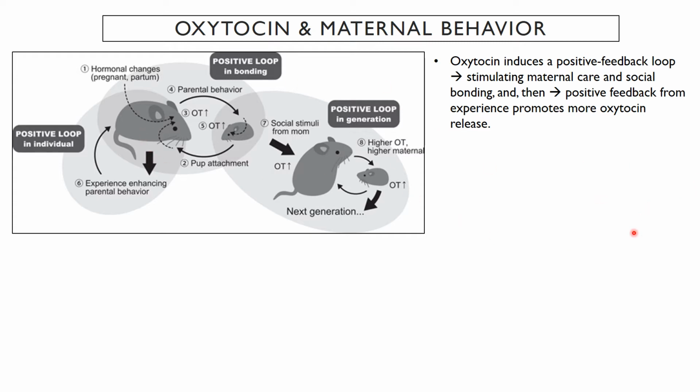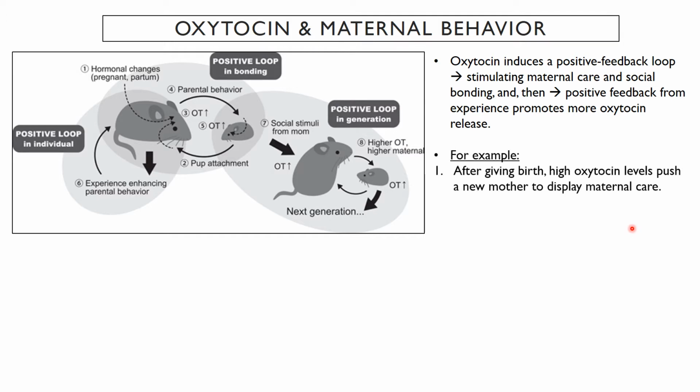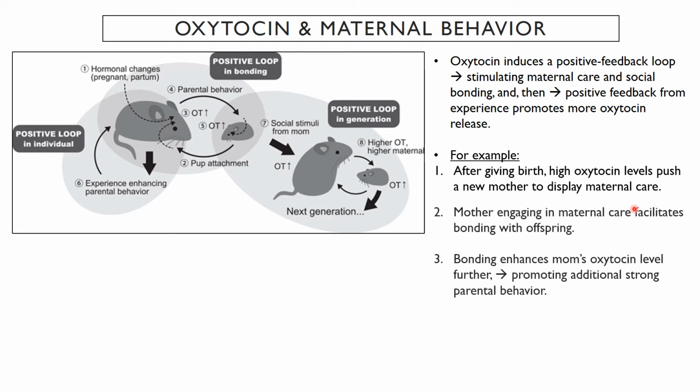Then there's a series of behaviors that reinforce this surge in oxytocin. With high oxytocin levels stimulating maternal care as the first step, the mother then engages in parental care of the offspring. This parental care of licking, grooming, close touch, tactile stimulation, feeding, and responding to calls of distress increases oxytocin levels in the pup.